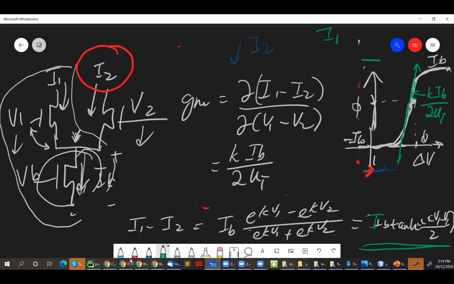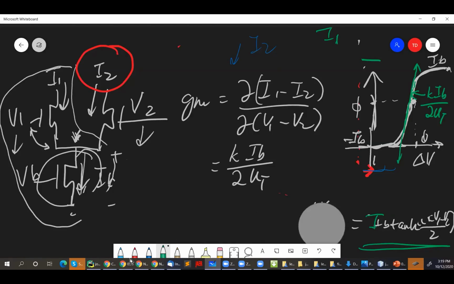Now for strong inversion, we leave it to you to try and do this first yourself. It's not very pretty, but let's see. The GM for above threshold is going to be beta times IB, and then you can recompute it.